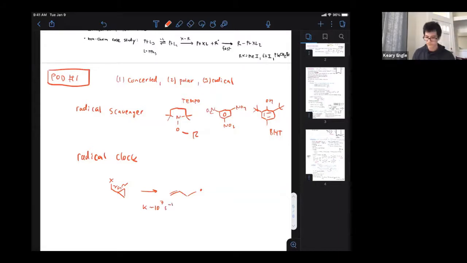Okay. And then the other, I think maybe what you're thinking about, is the other type of radical clock that people like to use. Is this the 5-exo cyclization clock? I think this one has a rate constant of about 10 to the 5th per second.